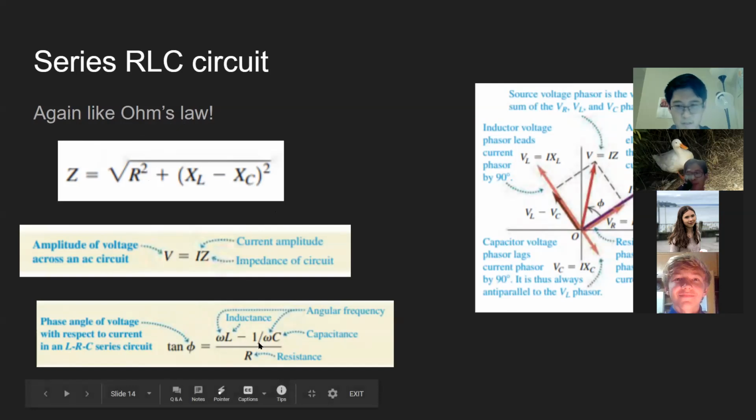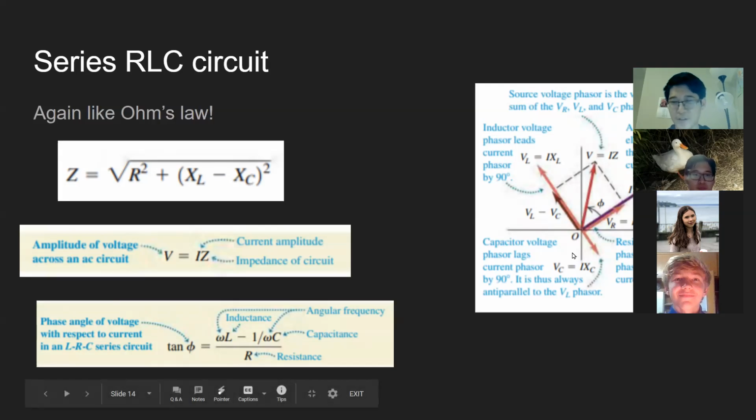And this last equation on the bottom is about the phase angle. So what the phase angle means is, I do need to explain the phasor diagram. If you look at this phasor diagram, the phase angle is the angle between the central vector, which is just a current vector that goes around in a circle, and the true voltage vector.